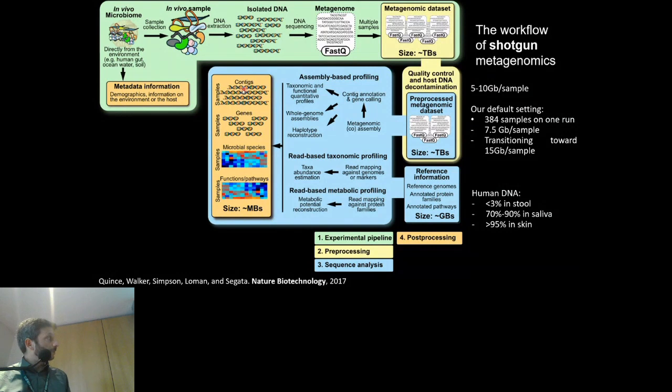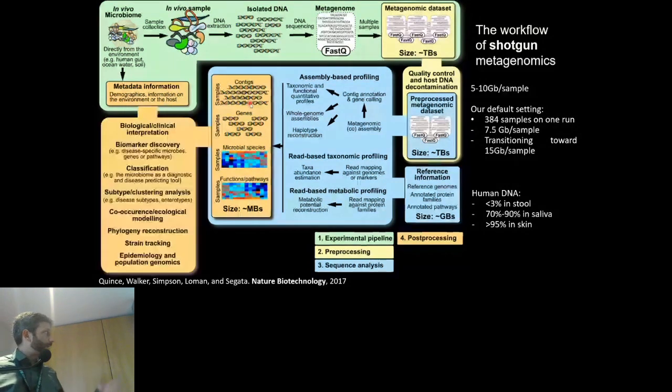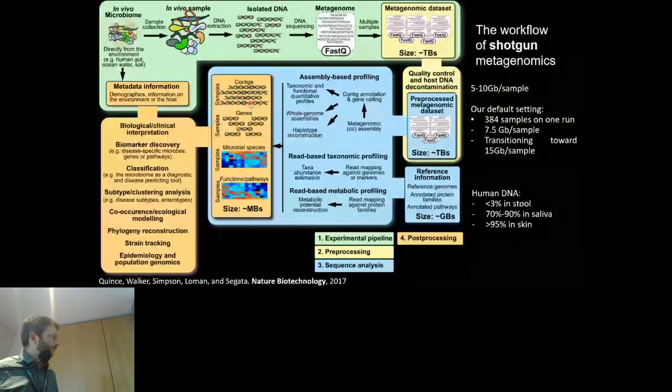But you can also try to reconstruct the full genomes, or at least pieces of the genomes of the microbes present in the community, to then do some sequence level analysis. And this set of features is then provided, and you can link them with the clinical data you may have on your data, who is diseased, who is healthy, whatever.